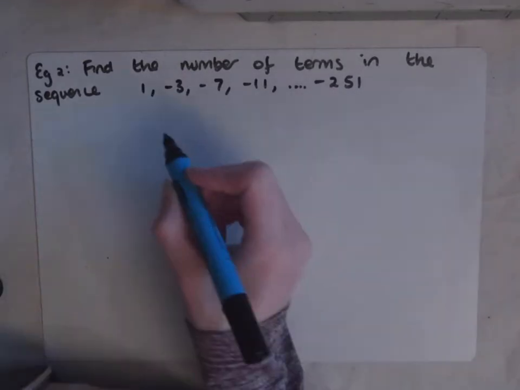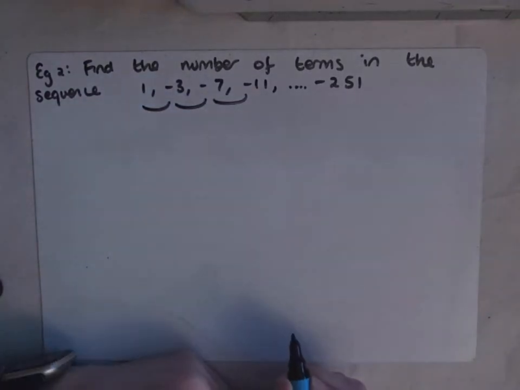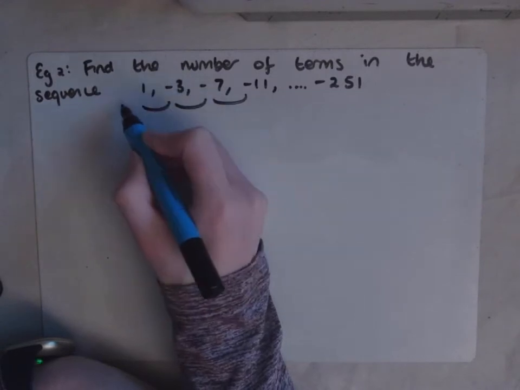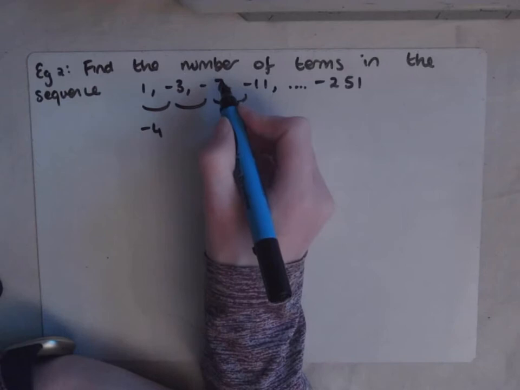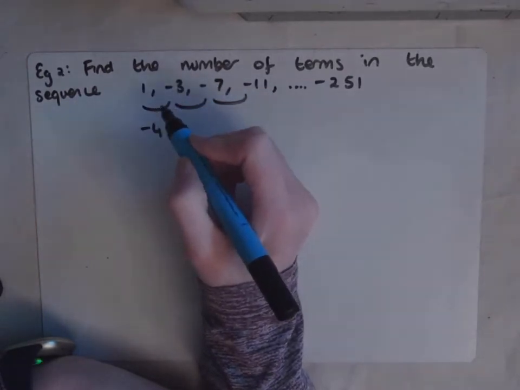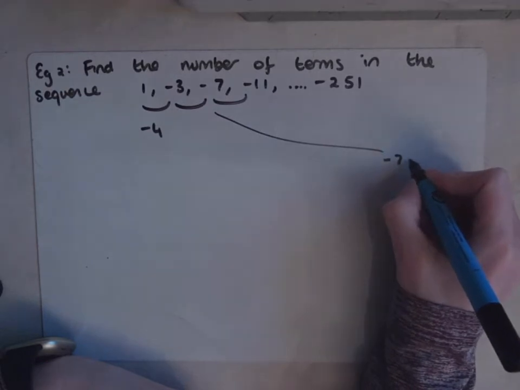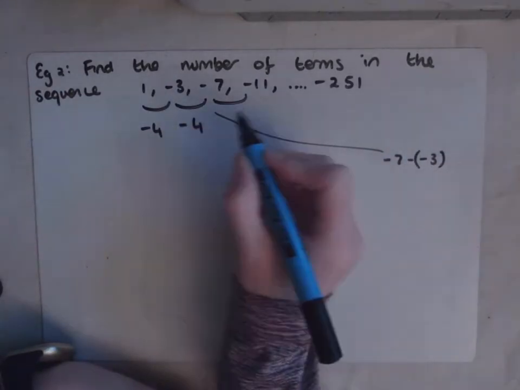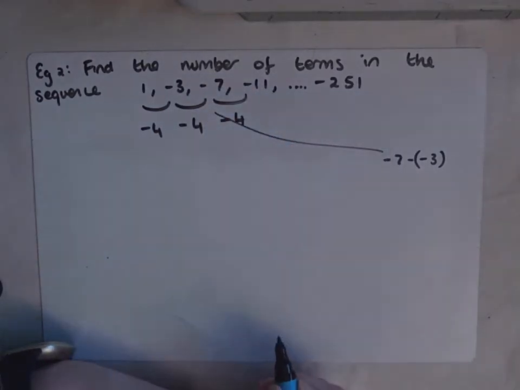First of all, we need to find our differences. -3 minus 1, that's -4. -7 minus -3, that's -4, and -11 minus -7, that's -4.